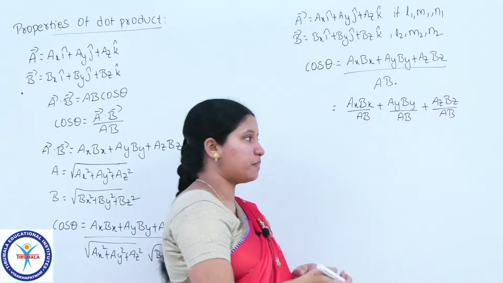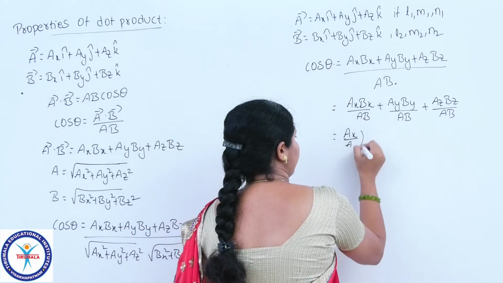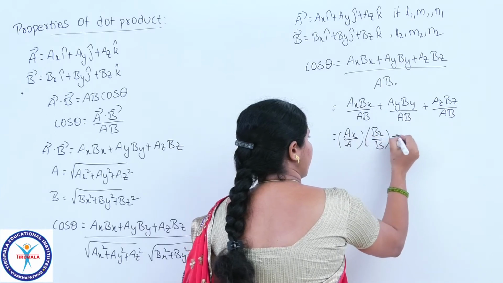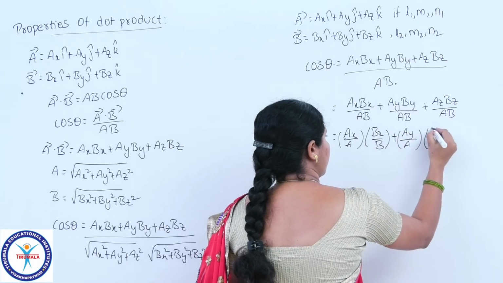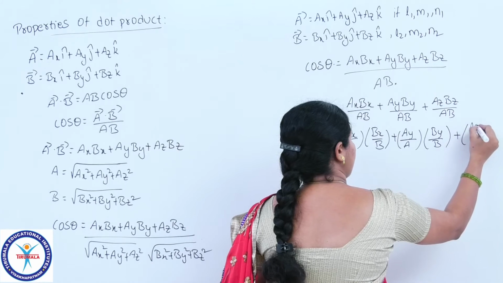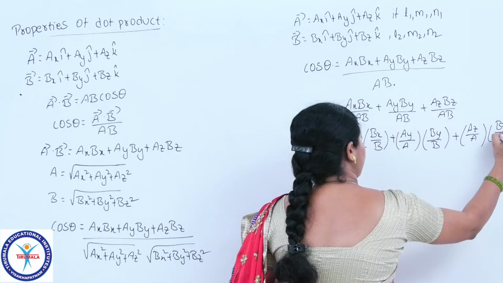On further splitting, we can write this as Ax by A into Bx by B plus Ay by A into By by B plus Az by A into Bz by B.